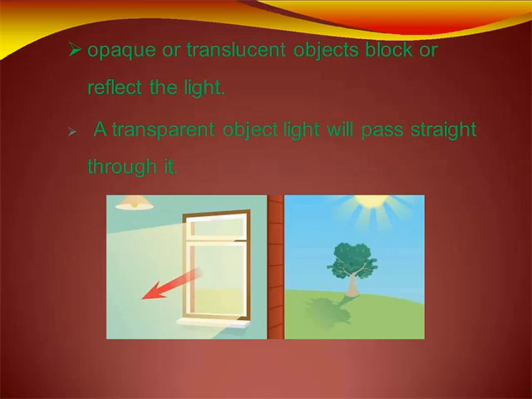This type of object is known as a transparent object. In the same way, on the right hand side we have a tree. The light of the sun is blocked and it forms a shadow here. So this was all about opaque, translucent and transparent objects.